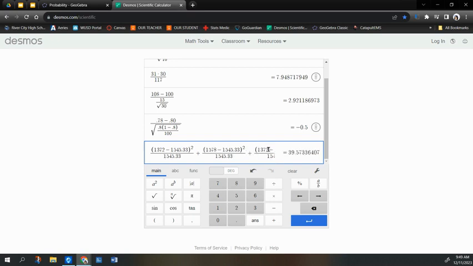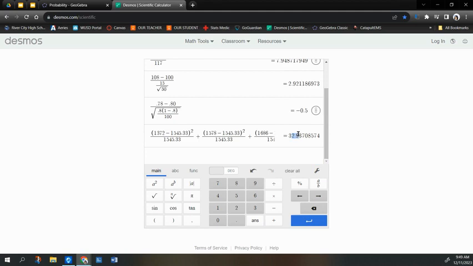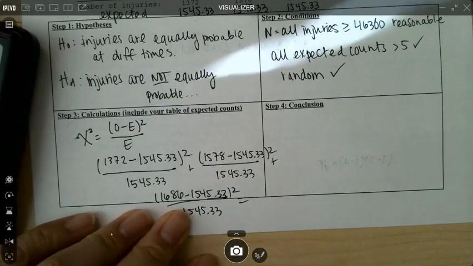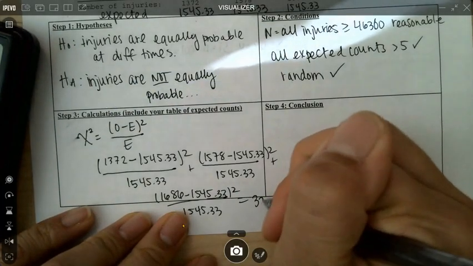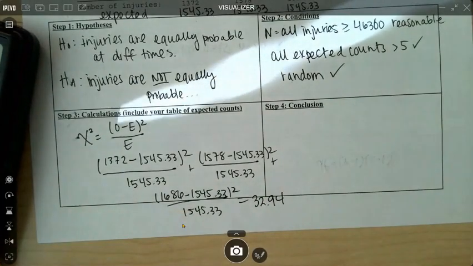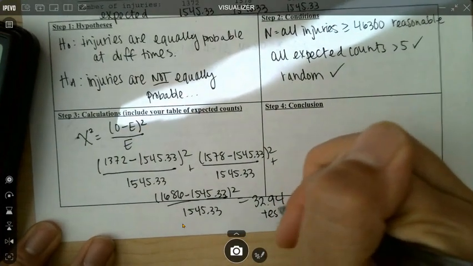And then lastly, 1686. All right, so my test statistic is going to be, we'll say, 32.94. So that's my test statistic.